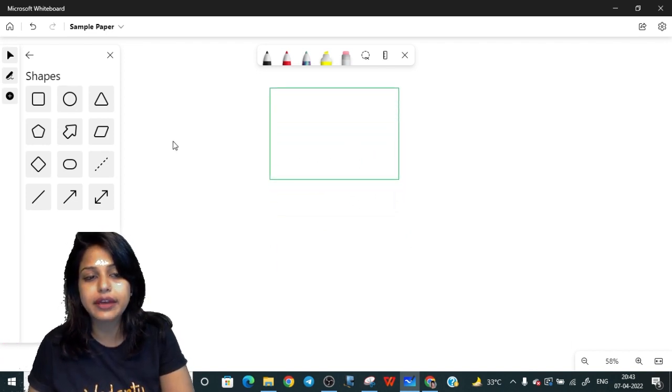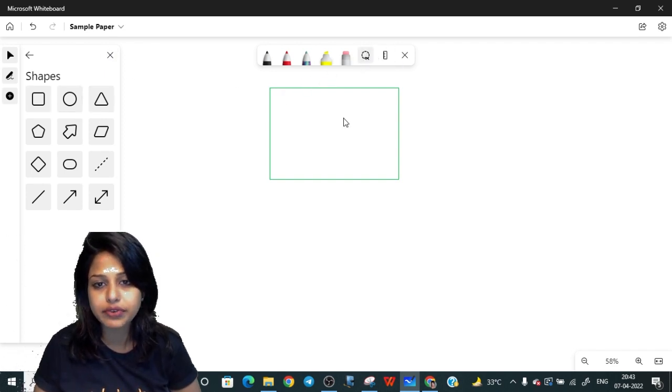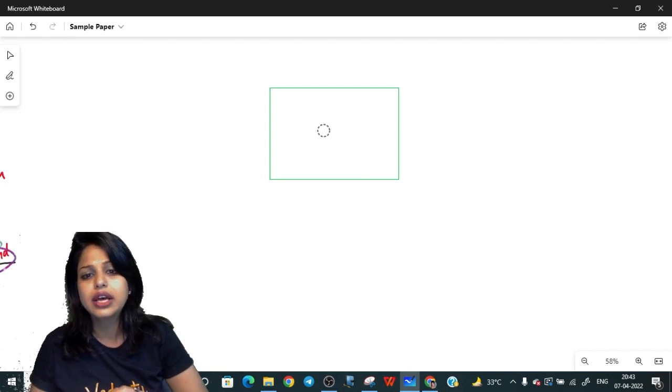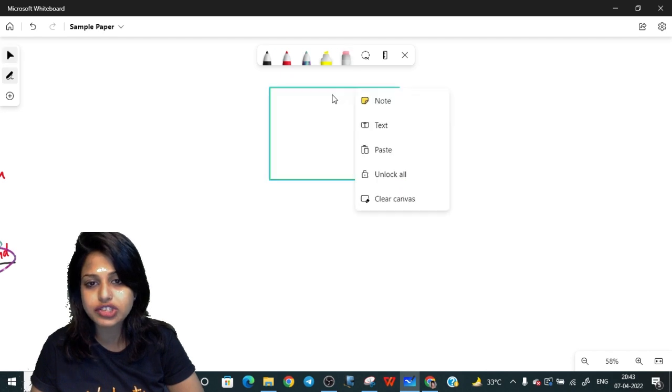So this is my shape of the coil. This is a shape, so I cannot erase. Let's delete this shape altogether so that we do not get confused.